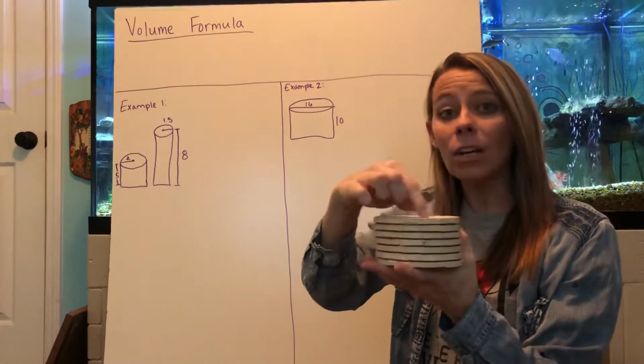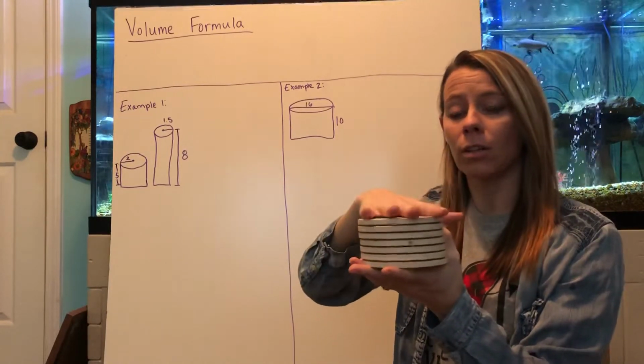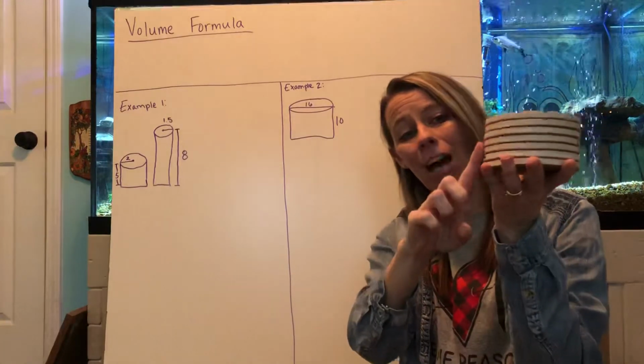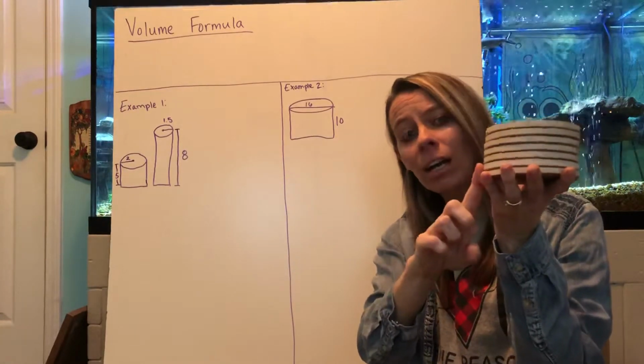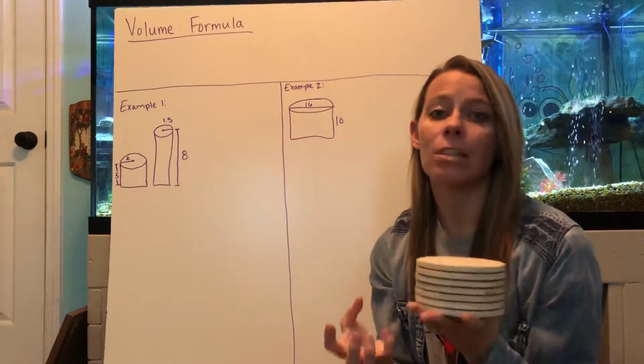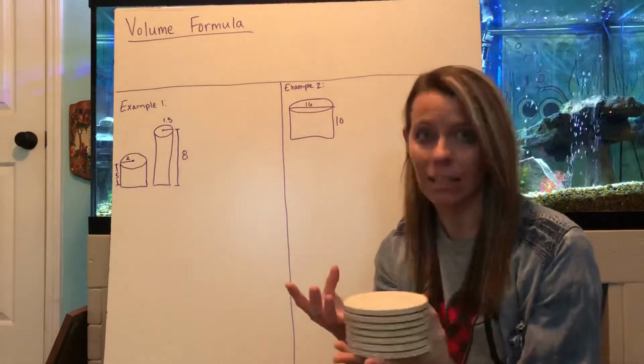So why this is helpful is this helps you find the volume of the cylinder, because if you know the area of one circle times how many circles there are, that would be the amount of space there is on the inside of the cylinder.